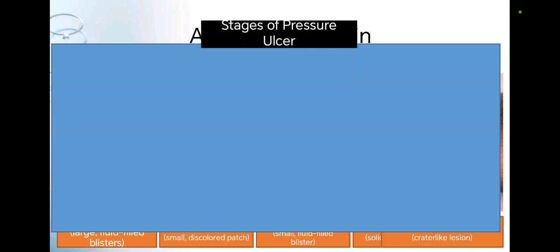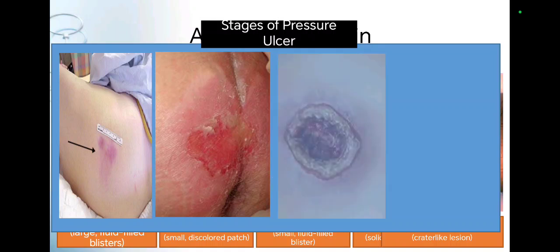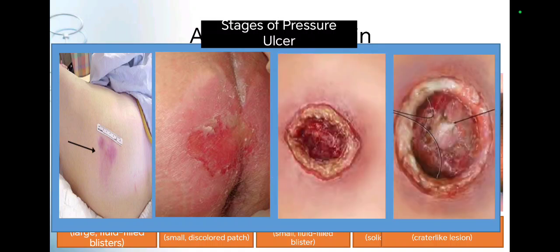So, stages of pressure ulcer. We have here stage 1, stage 2, stage 3, and stage 4. One of the important things that we have to prevent for our bedridden patients is pressure ulcer, because if the patient experiences pressure ulcer because of being bedridden, that only means that the nurse neglected the patient.